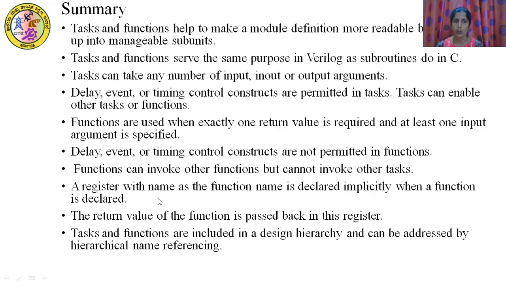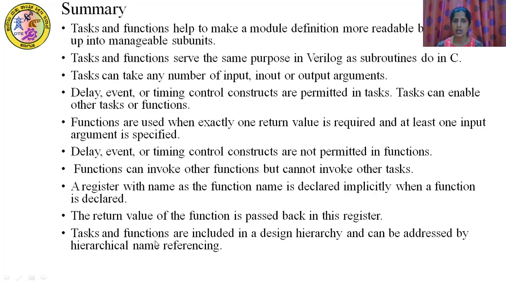A register with the name of the function is declared implicitly when the function is declared, and hence we do not require output arguments in a function. The return value of the function is passed back to this register, that is, the name of the function itself.